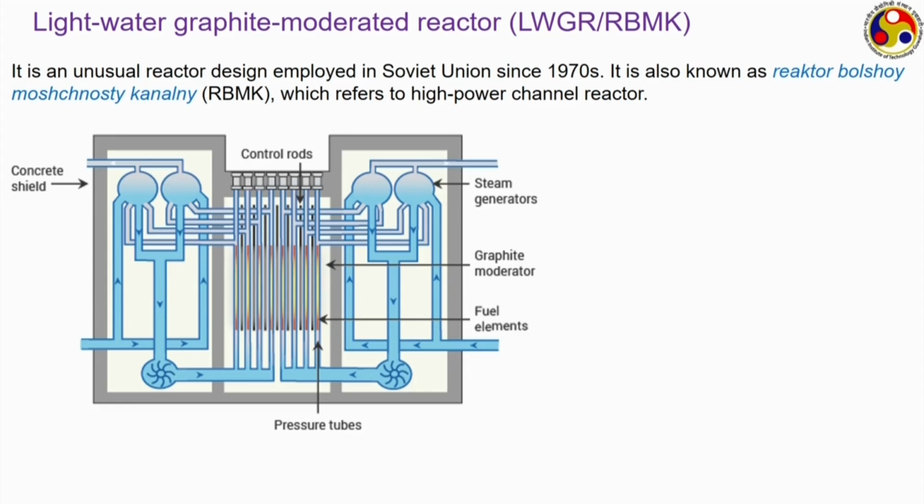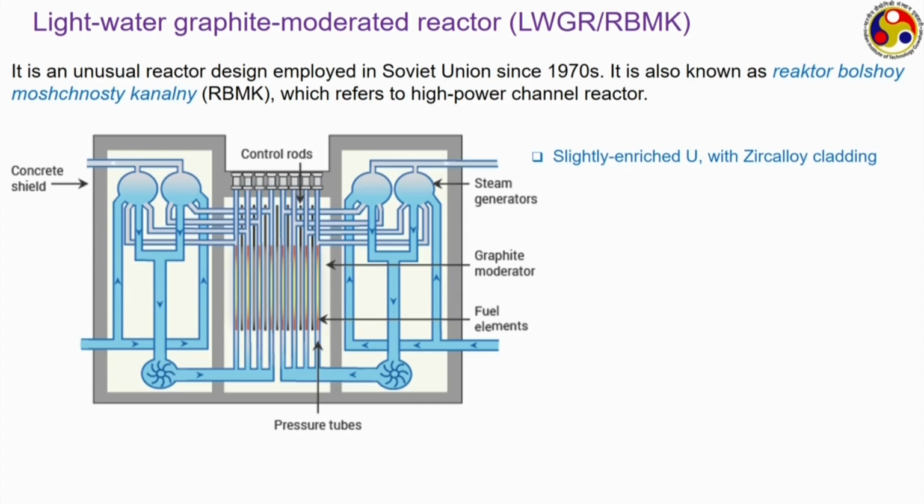In the light water graphite moderated reactor, as the name suggests, the cooling medium is ordinary water, but the moderator is graphite. Like in both PWR and BWR, the same material, water, was used as both moderator and coolant, but here we are having them as separate quantities.